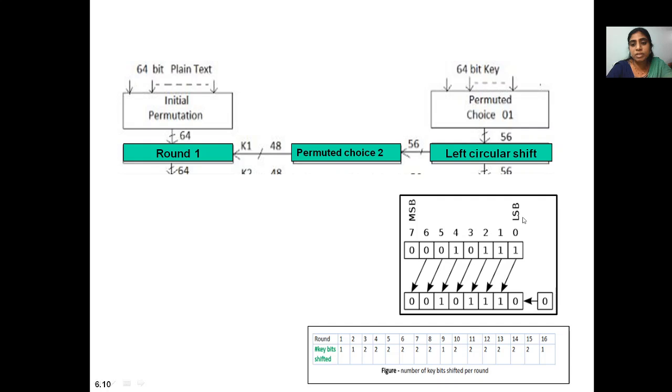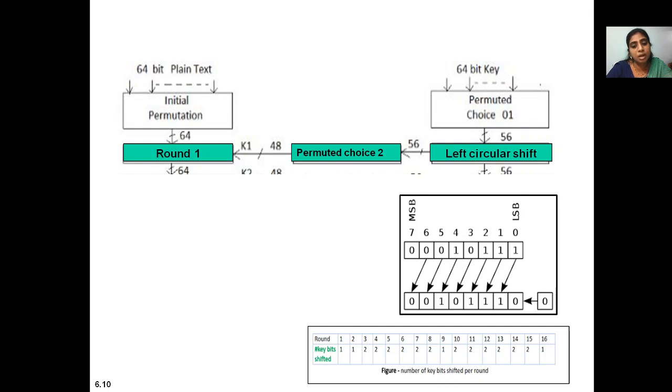Whenever you say left circular shift, suppose you have the bits 0, 0, 0, 1, 0, 1, 1, 1. When you are shifting by 1 bit, the first bit is transferred to the right side and all other bits are shifted by 1. Our left circular shift depends on the round number.